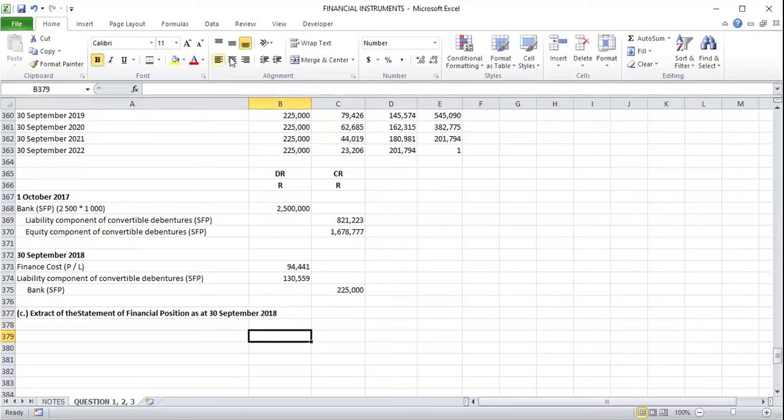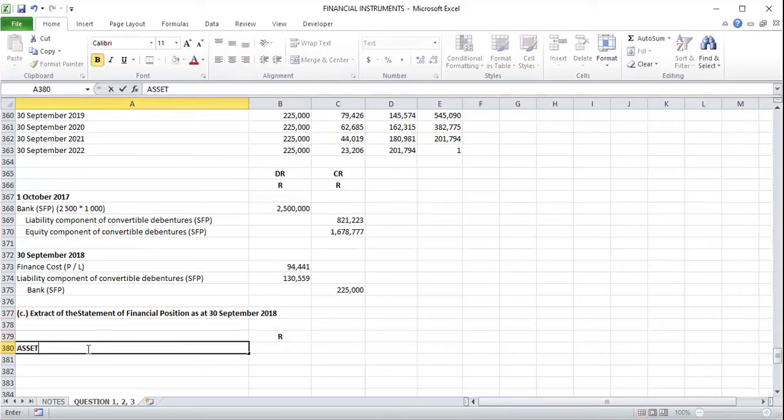Right. There are two things that will come from that investment. Number one, under assets, under non-current assets, we would record the investment.